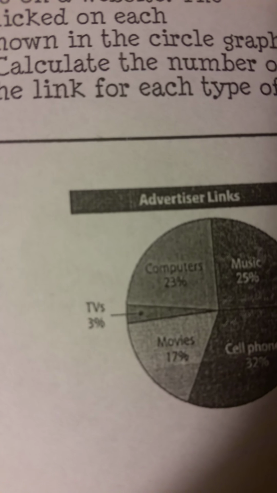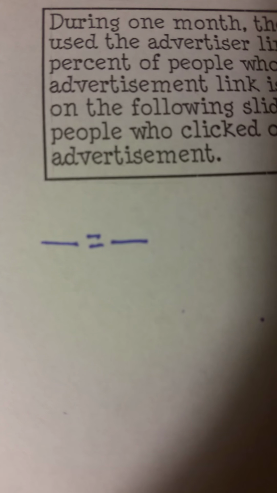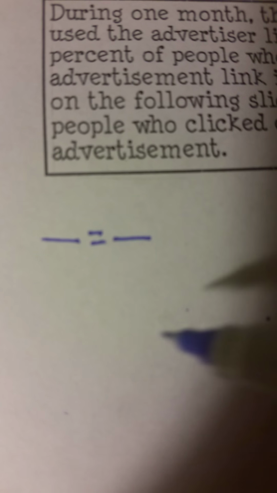So I'm going to do TV since it's the smallest one. It's at 3%. So I'm going to title my first proportion. Hold on 1 second. Let me get it to not be blurry. Okay, as TVs.